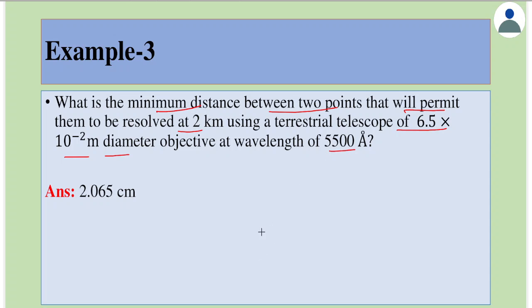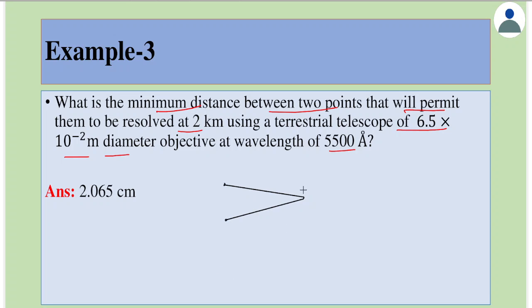So what is given here is, there are 2 points, very far away. It asks for the minimum distance between 2 points that will permit them to be resolved at 2 km, which means the objects are at a distance of 2 km from the objective or the human eye.